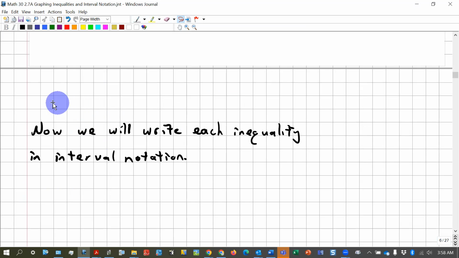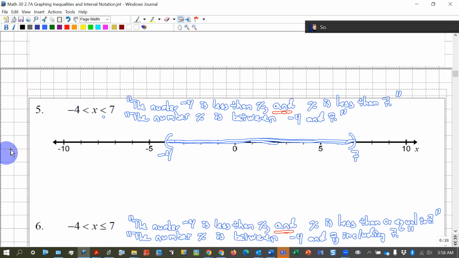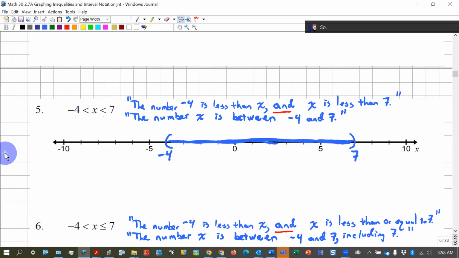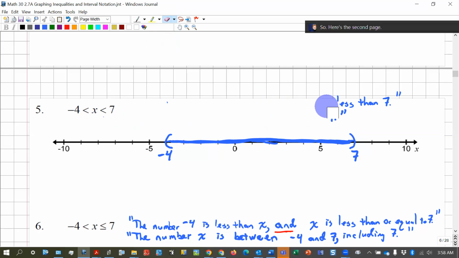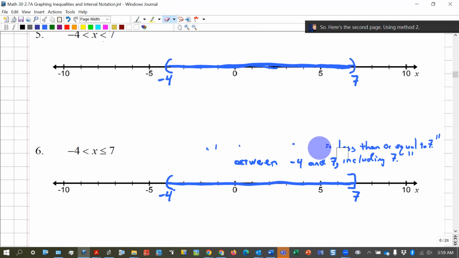So here's the second page, using method 2 with the parentheses and the brackets.